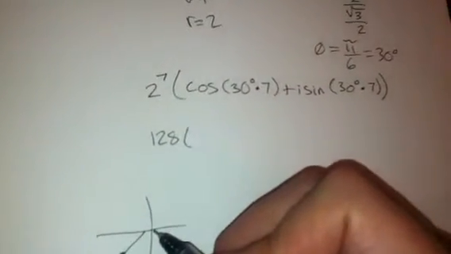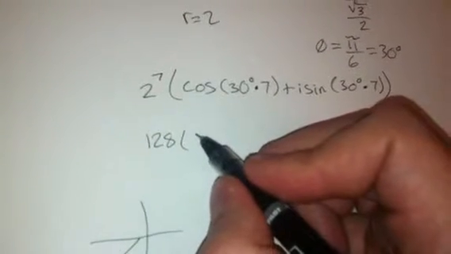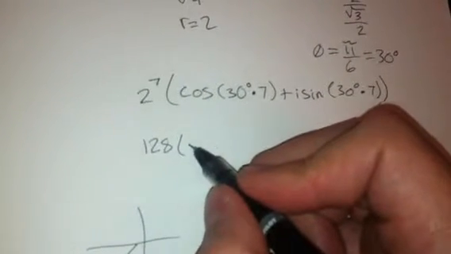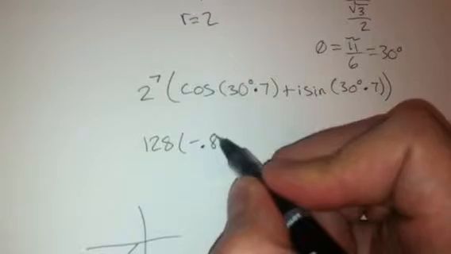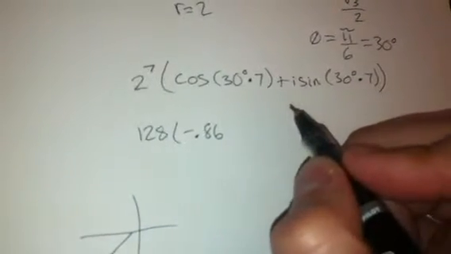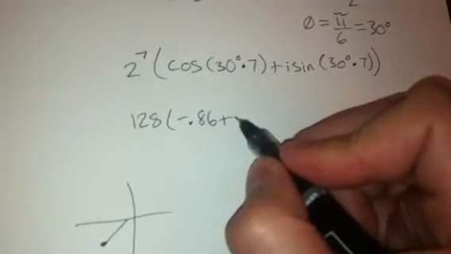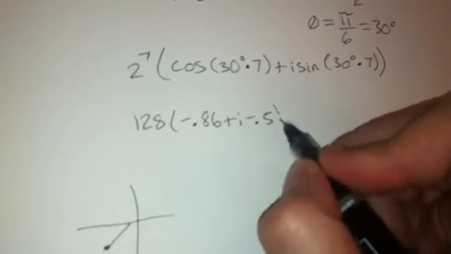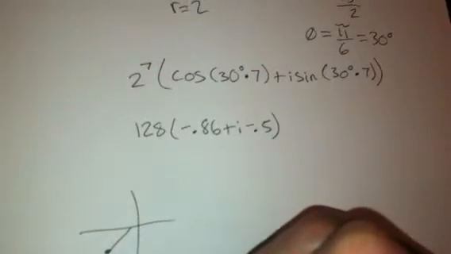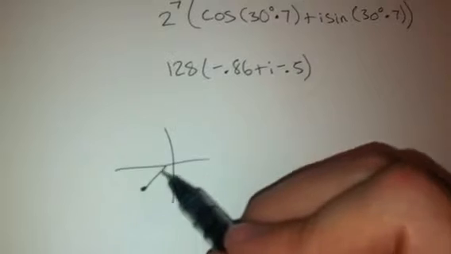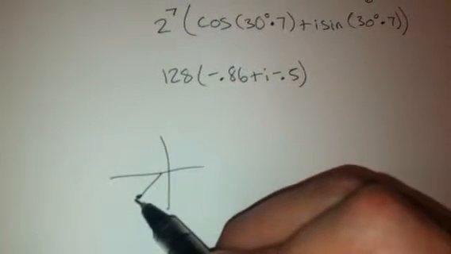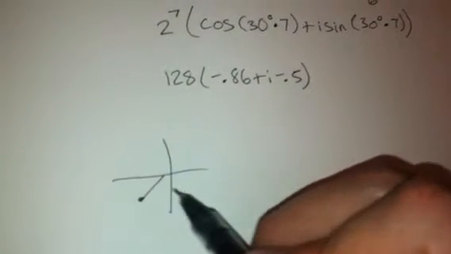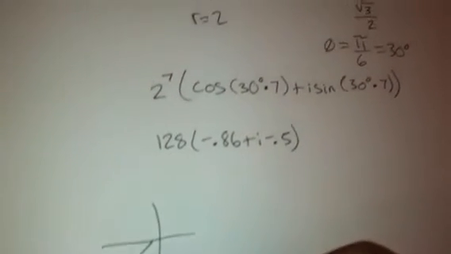It's actually equal to negative 0.866 in our calculator plus i times negative 0.5 if we plug it in, right? So both values are going to be negative, which is why we looked over here and we found, okay, it's in this quadrant, so both x and y are negative.